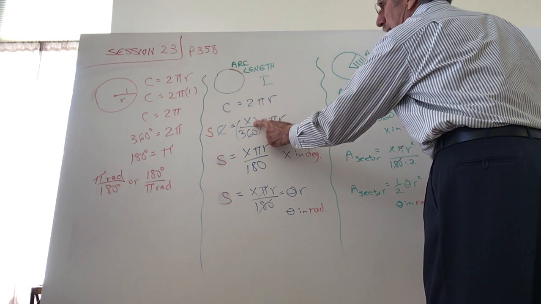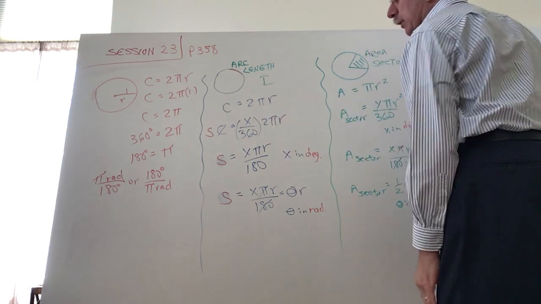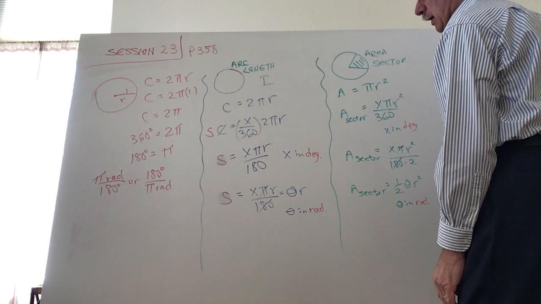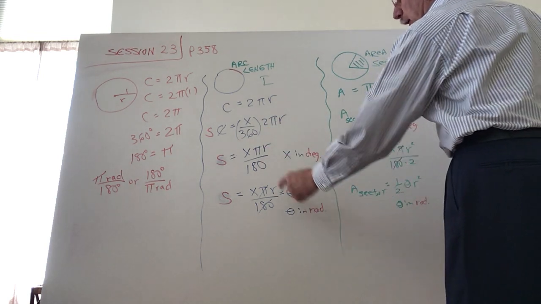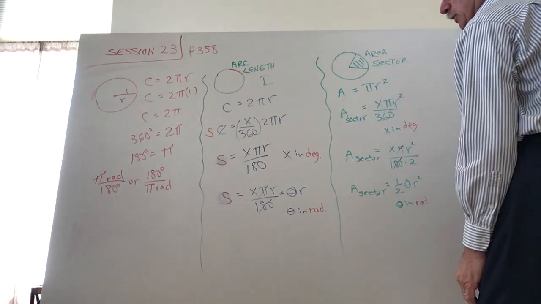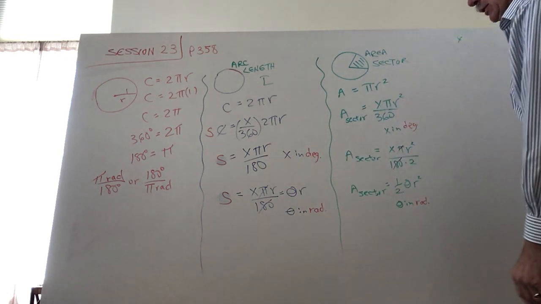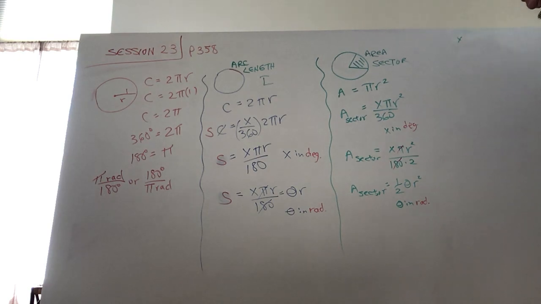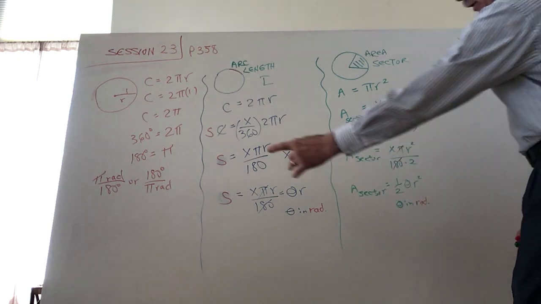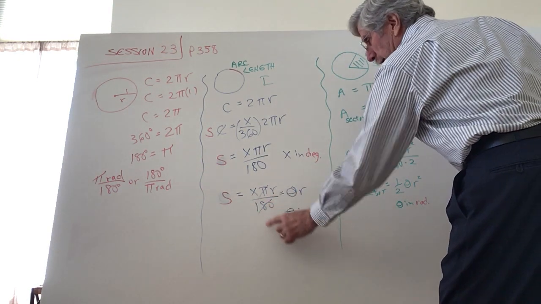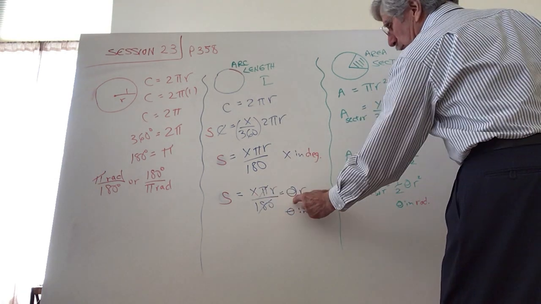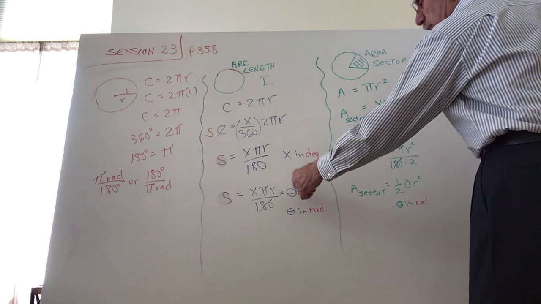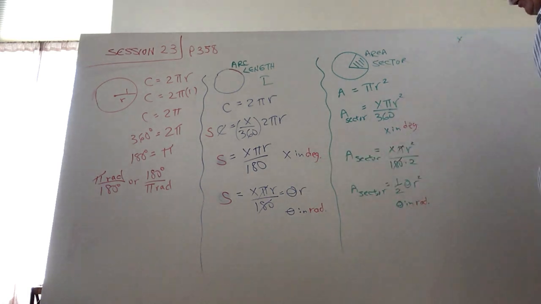Some portion, some number of degrees, out of the whole circumference, out of 360 degrees. Of course, if we reduce the 2 and the 360 there, we get x pi r over 180 degrees, if in fact x is in degrees. If we want to talk about x in radians, then because pi and 180 are the same, we basically eliminate those, and we change the x to a theta, and say that s equals r theta, or theta r, either way, when theta is in radians.